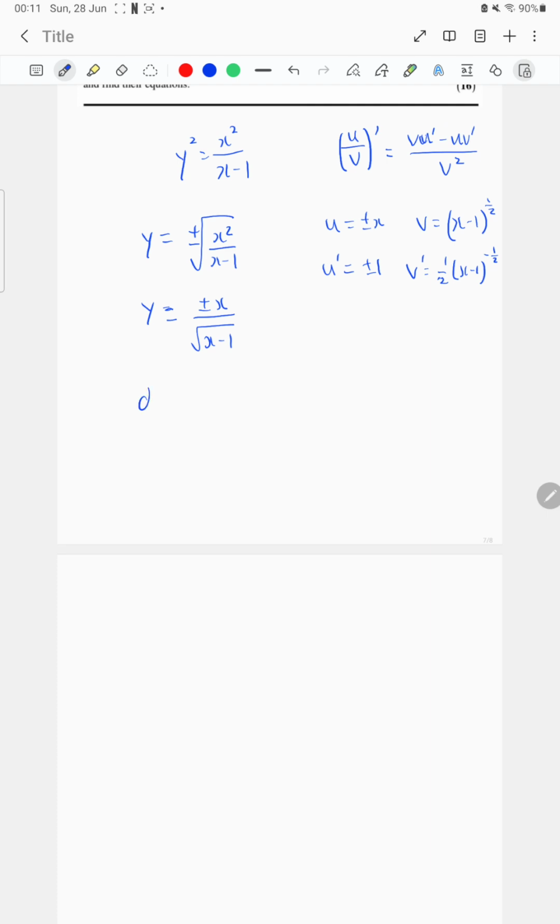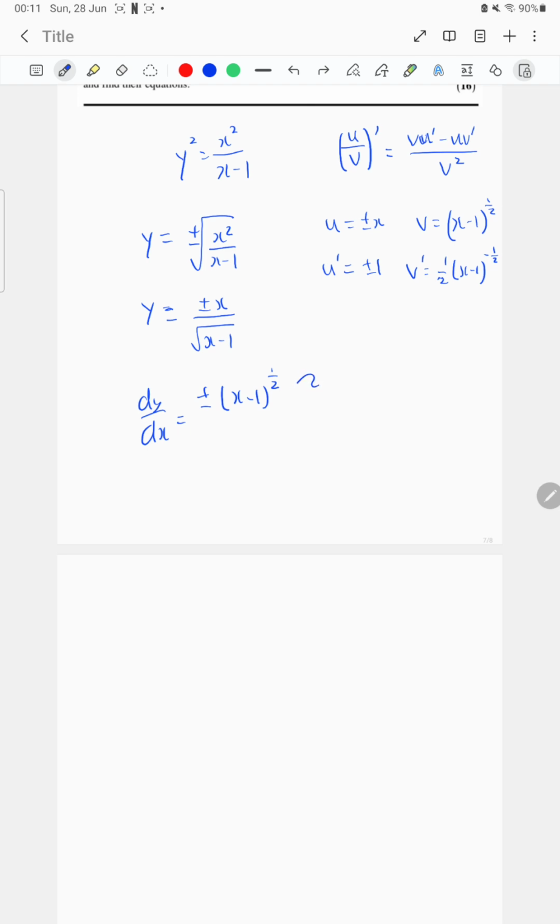So dy over dx equals vu dash. vu dash is plus or minus x minus 1 to the power of a half, and then minus uv dash. Because it's minus of plus or minus, it sounds complicated, but essentially what you have to do is reverse it.